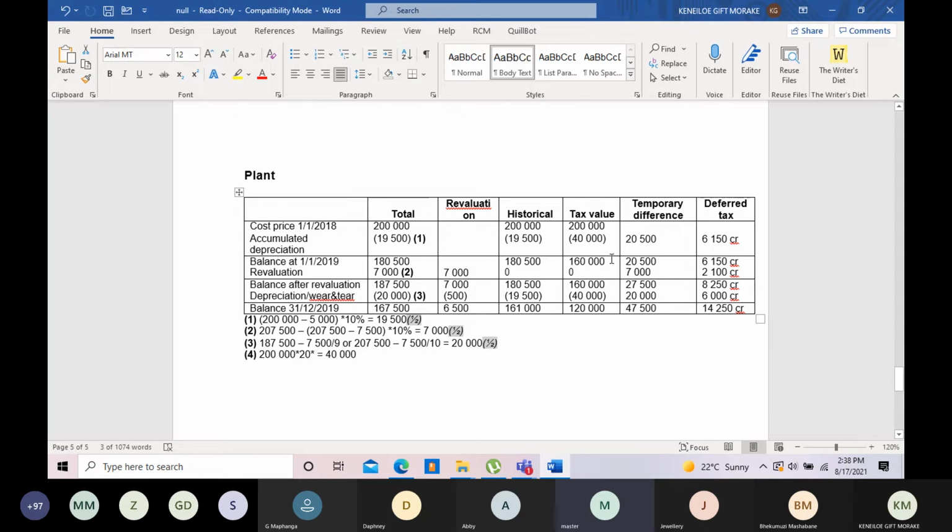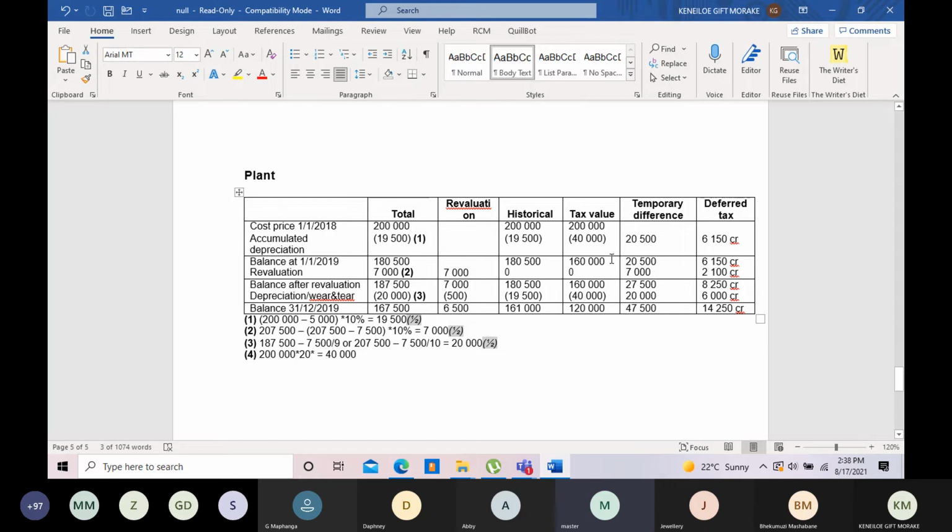So let me deal with the issue of deferred taxation or deferred tax. Just go back to the additional information and check something. There you have the tax rate. You are now checking the tax rate.